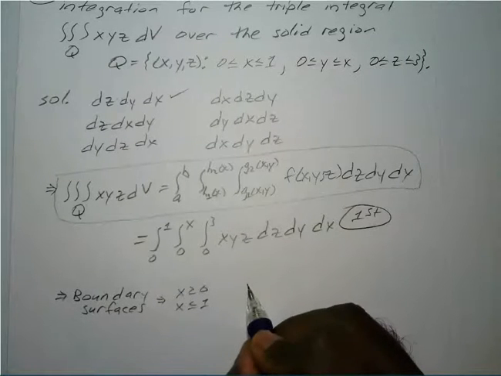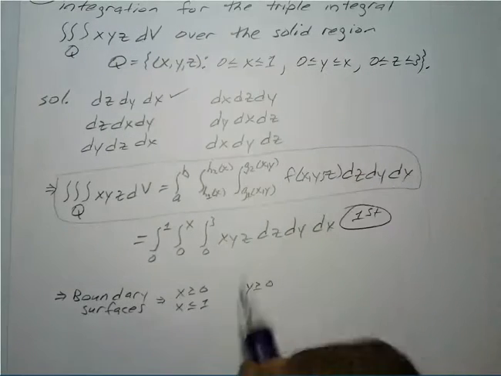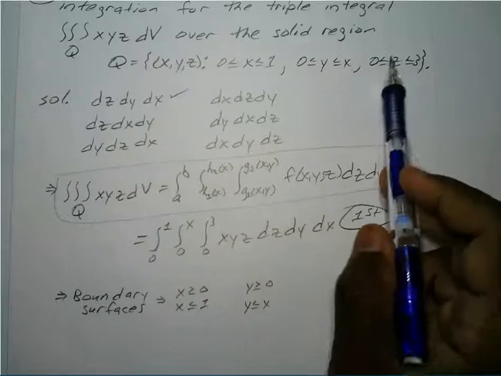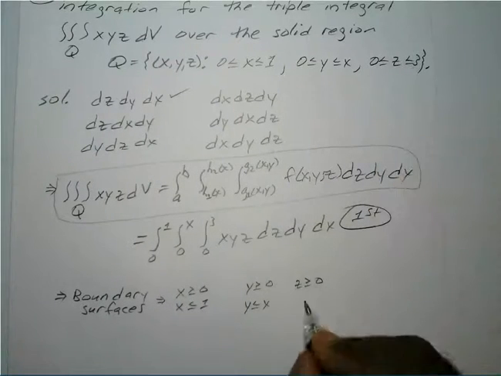We also see that y is greater than or equal to 0, and y is less than or equal to x. And z is greater than or equal to 0, and z is less than or equal to 3.